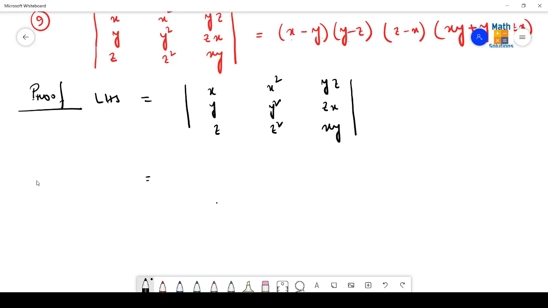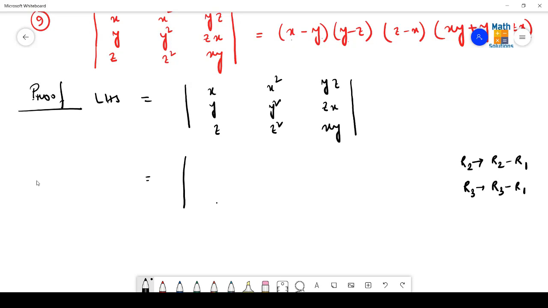The row with respect to which the changes occur should not be subtracted from. So here I am choosing the first row, which means while using properties I shall write R2 replaced by R2 minus R1 and R3 replaced by R3 minus R1.